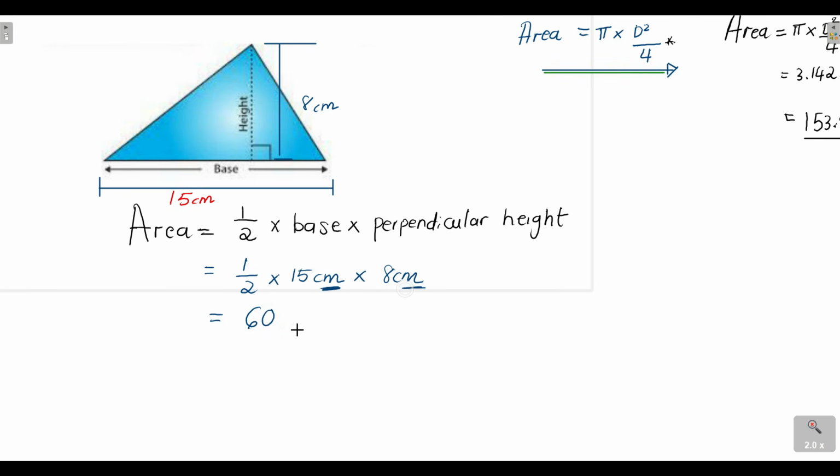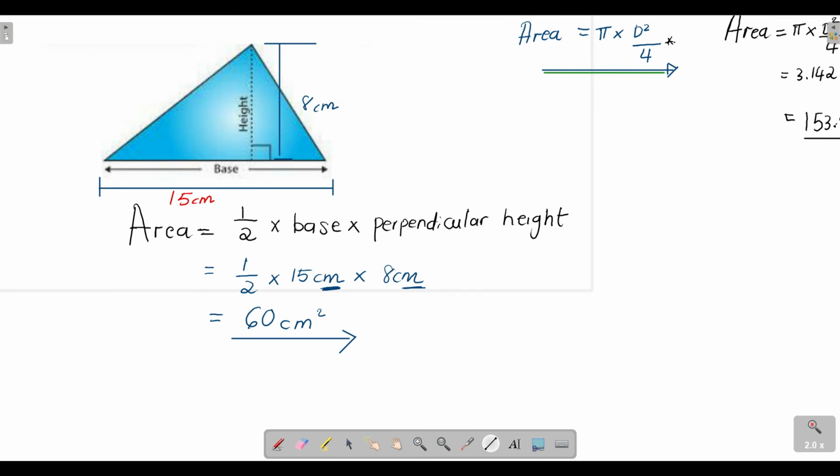Centimeters multiplied by centimeters is centimeters squared. And that is then the area of this triangle, meaning this triangle is taking up space of 60 centimeters squared on your flat surface. That is the space that this triangle is taking up.